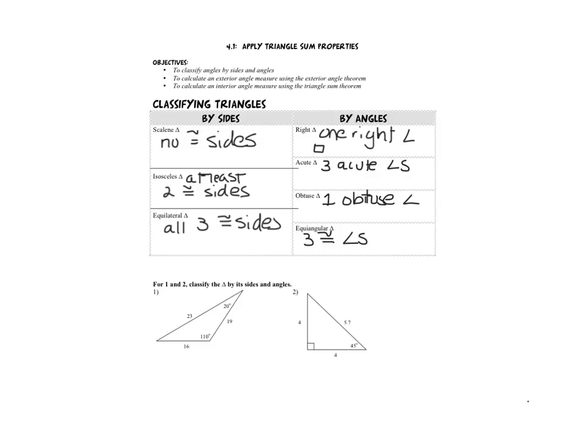So let's take a look here at example 1 and 2. We're going to be classifying the triangle by its sides and its angles. So the first triangle here that we have has side lengths 23, 16, 19. Since none of them are the same, this is a scalene. And then we look to see its angle measurements, a measure of 110 and 20. Because I see that one angle is larger than 90 degrees, it's a scalene obtuse.